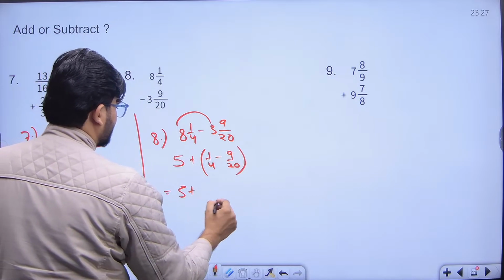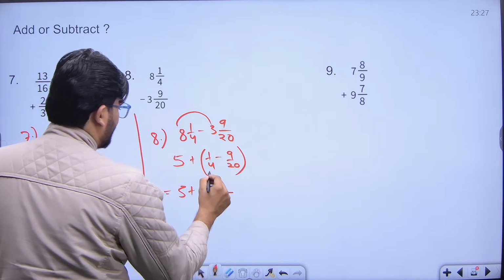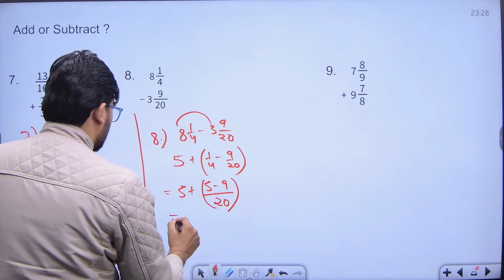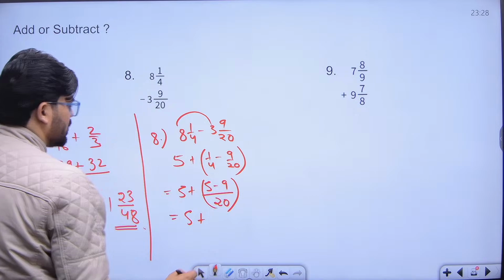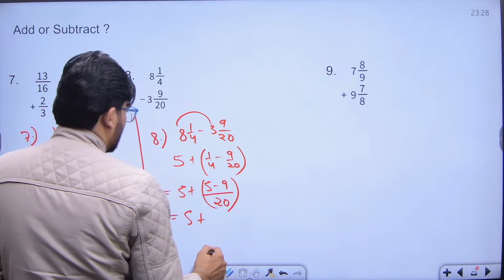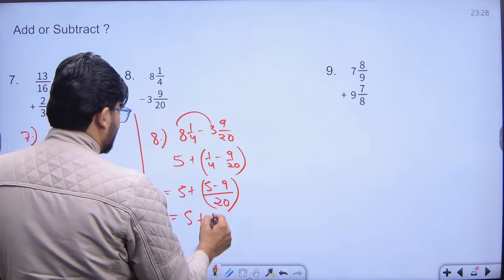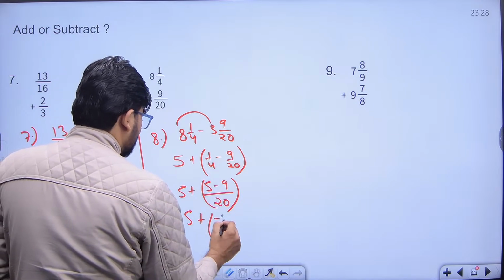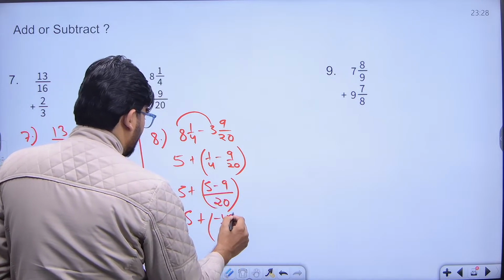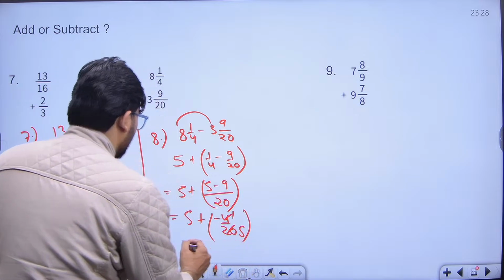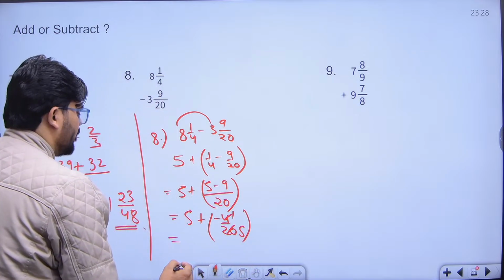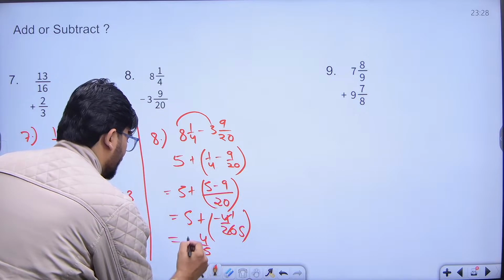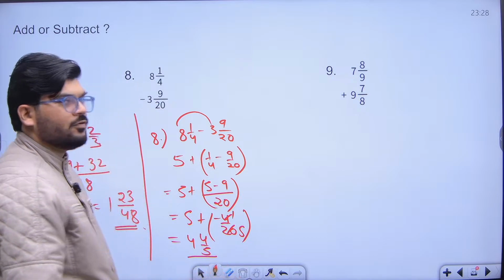So 5 plus, the LCM is going to be 20. 4 into 5, 1 into 5, 5 minus 9 is minus 4. So 5 minus 4 by 20 you can write like this. Minus 4 by 20 can further be written as minus 1 by 5. So from 5 minus 1 by 5 you reach 4 4 by 5. So the answer is going to be 4 4 by 5.